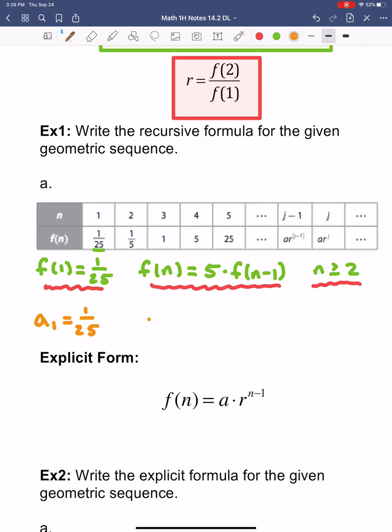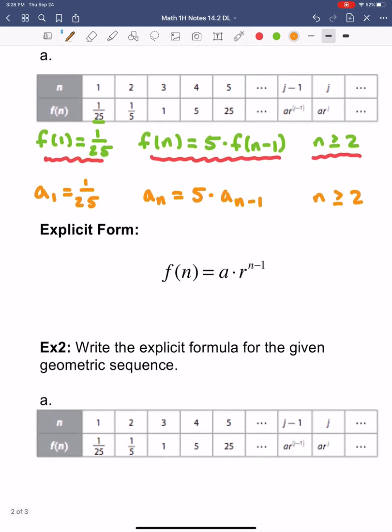And then they would write it as a sub n equals 5 times a sub n minus 1. That's a little subscript down there. So it's just new notation, and then this part would be the same, n is greater than or equal to 2. It doesn't mean anything different, it's just a different way to write it. Just want you to see it so that you're not confused the first time you notice it. So that's the recursive form.